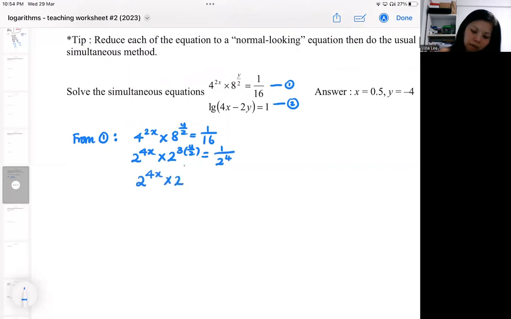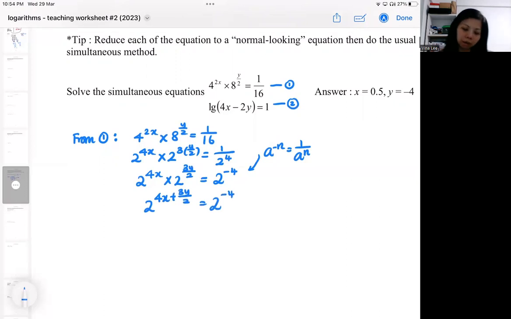On the left side, the indices rule is same base multiplication. On the right side, it is the indices rule that deals with negative power. Same base multiplication means you add the power. So you come to the same idea of exponential equation: same base, and then you compare the power.